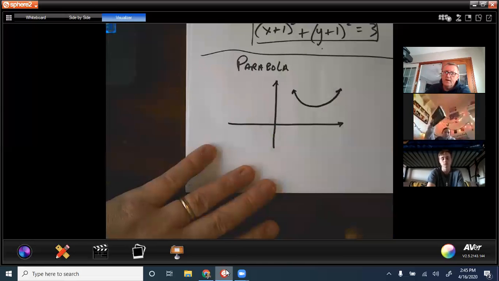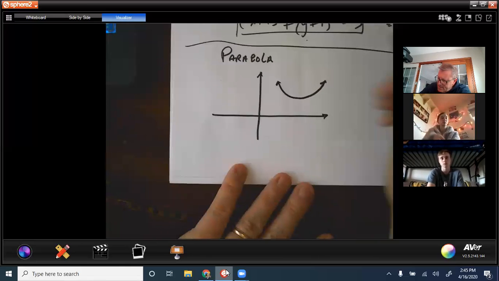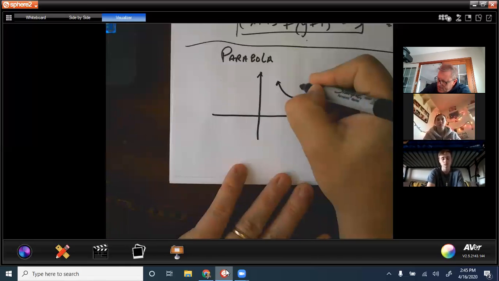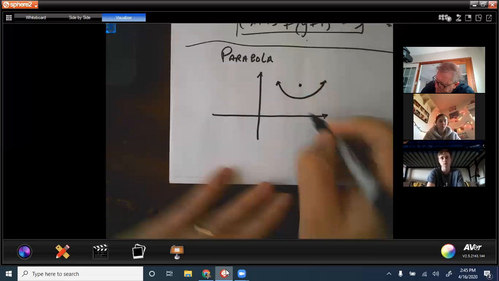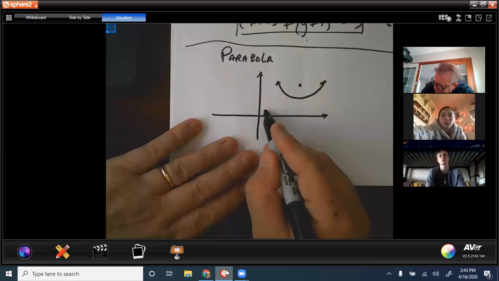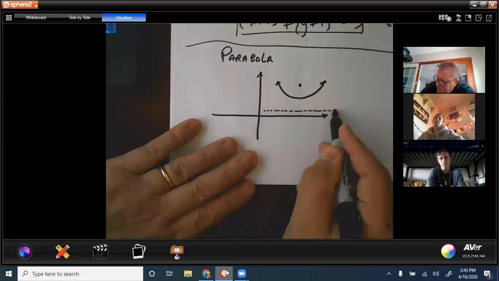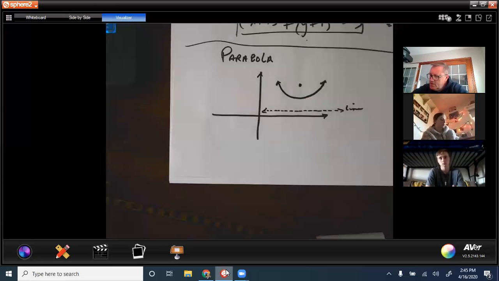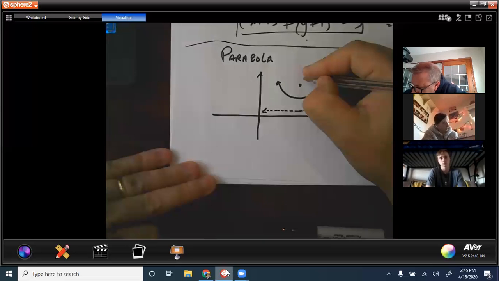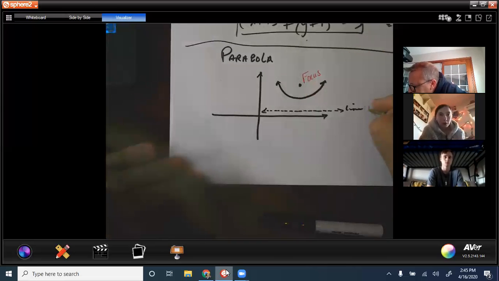Okay, now that parabola is equidistant from that point and from that line. Let me get a different color. So this right here is called the focus. That's the name of that point. And then this line is called the directrix.